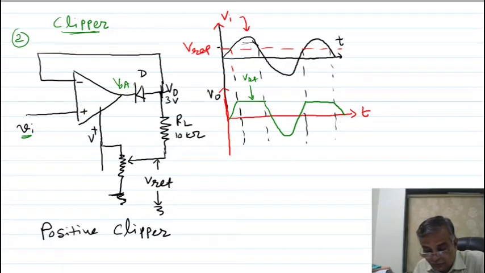Up to 3 volt, this diode is in reverse bias because anode voltage is more than this. Sorry, up to 3 volt this diode is in forward bias, because the cathode voltage is less than the anode voltage.